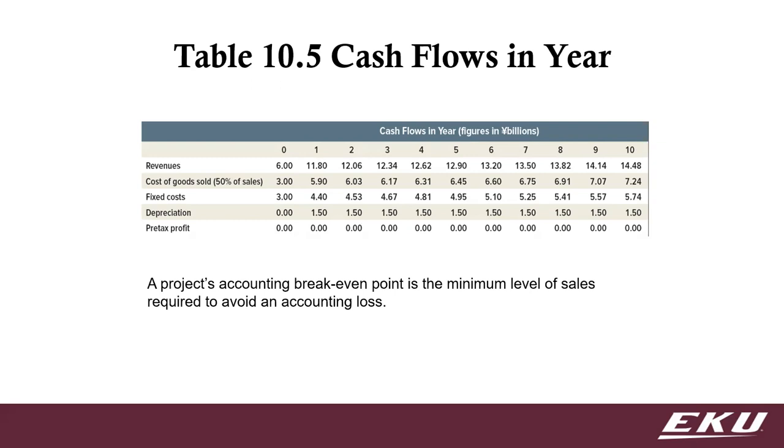We subtract those all off. We have to have enough income to cover the depreciation of the assets, right? And so a pre-tax profit of 0 obviously is not what we want, but at least it's not negative, right? We're hoping to avoid that accounting loss, right? So that tells you what your revenue has to be, what your sales have to be each year to avoid that.